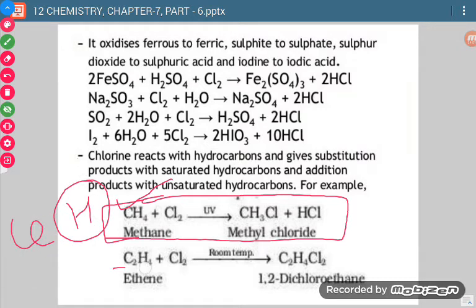And in unsaturated cases there is addition. Addition means where unsaturation is there, that bond will break and there will be addition of the halogen. Just like here in this case there is a C double bond C, so C single bond C comes out as a product, associated with chlorine atoms.